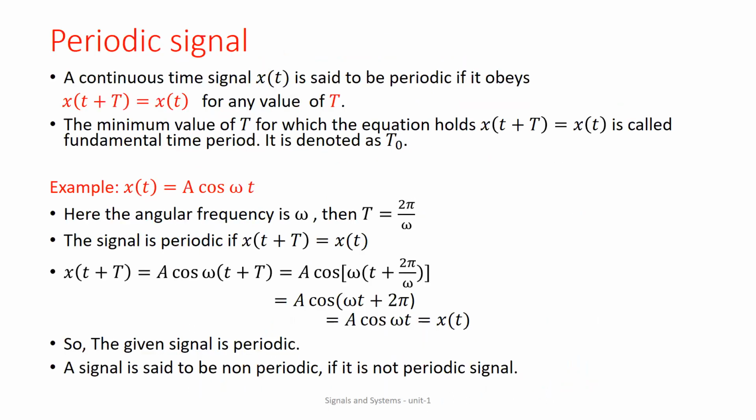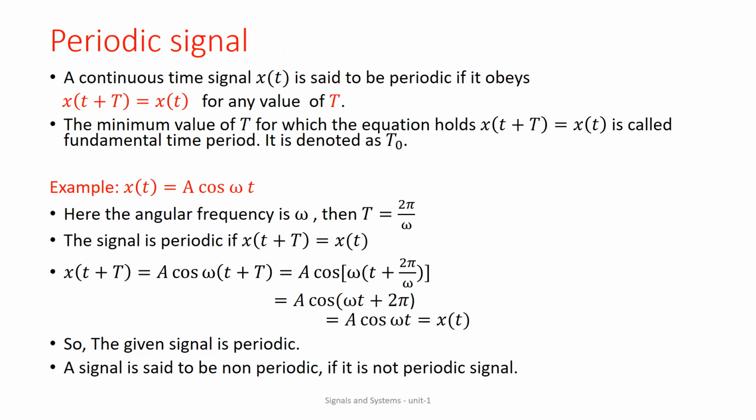Periodic signal. Mostly we are taking the periodic signal as the signal which is represented as x of t plus capital T is equal to x of t. Nothing but it is periodically getting the same value.